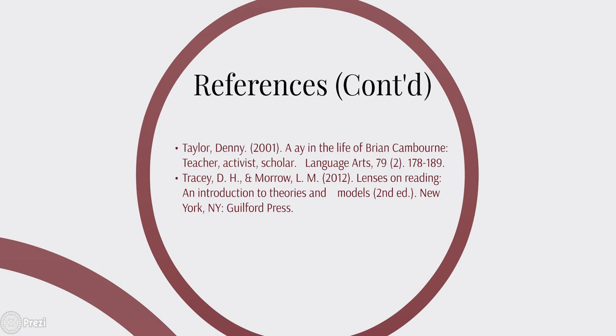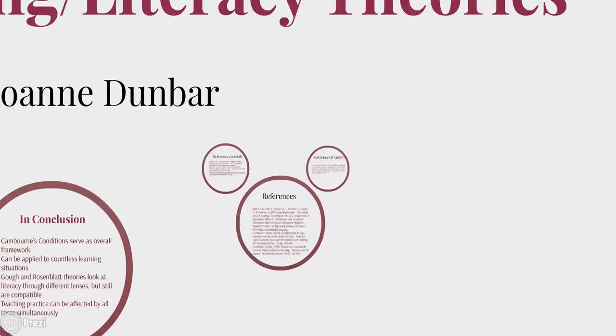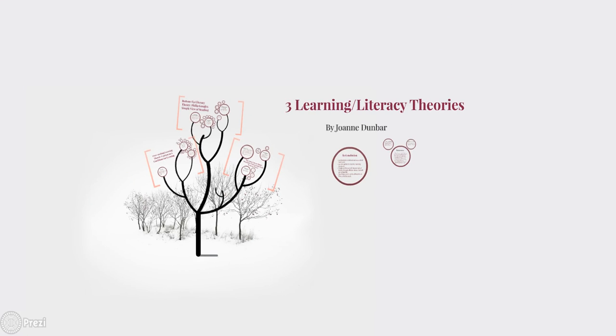I think Cambourne is, once again, an overarching, effective way to look at learning in general. But as a reading teacher, I just think that there's so much wealth of insight to be gained through looking at Rosenblatt's transactional reader response, especially as a middle school reading teacher, I'm really looking for ways to get students motivated a lot of the time.